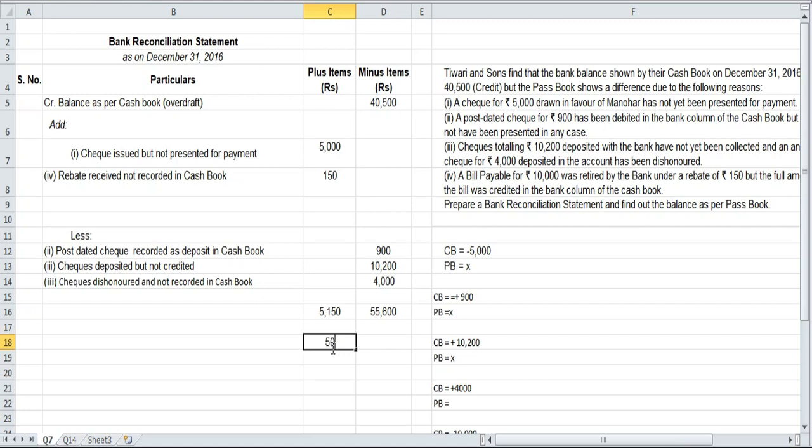So here it will be 50,450. I'll write here 55,600, and this side also I'll write 55,600, and in front of this I will write down debit balance as per passbook. Okay, debit balance passbook means overdraft. Okay, so here it is overdraft.